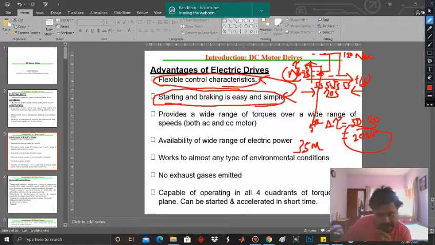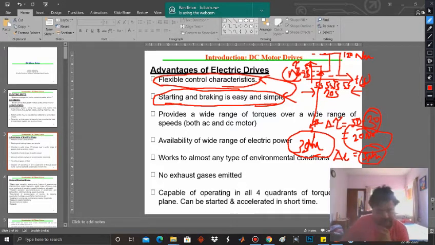So for that particular time interval, what was your required value? 30, but you are getting 35. So at the 5th second, there is an error, that is delta E of 5 Newton meter.